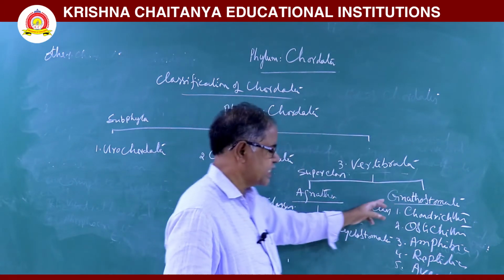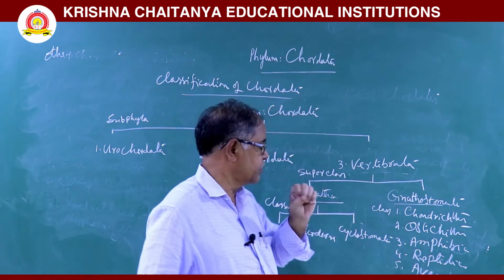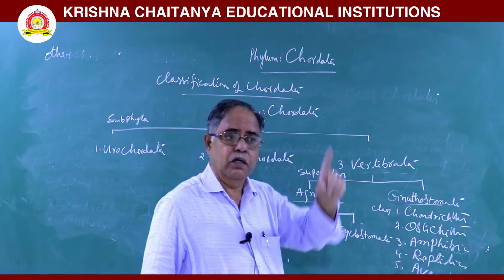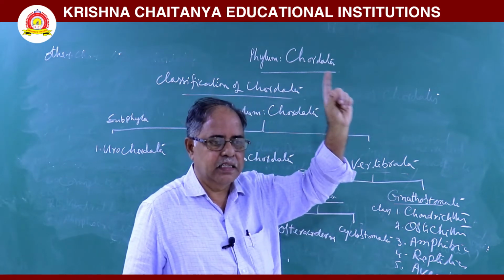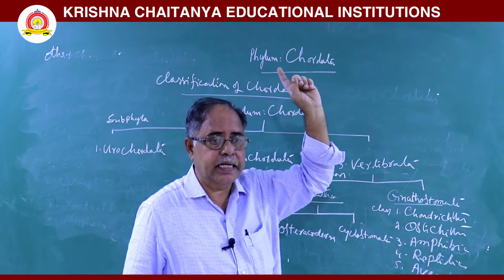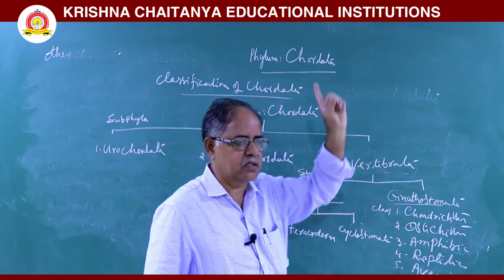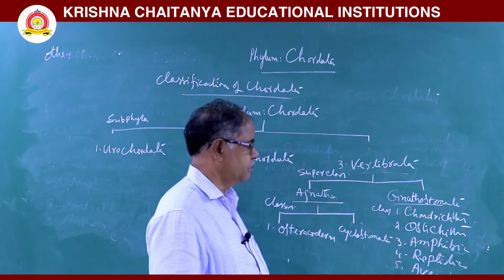These are six extant classes which are present in Gnathostomata. One extinct class is there, that is Placodermi. They are extinct fishes. They are first jawed vertebrates.